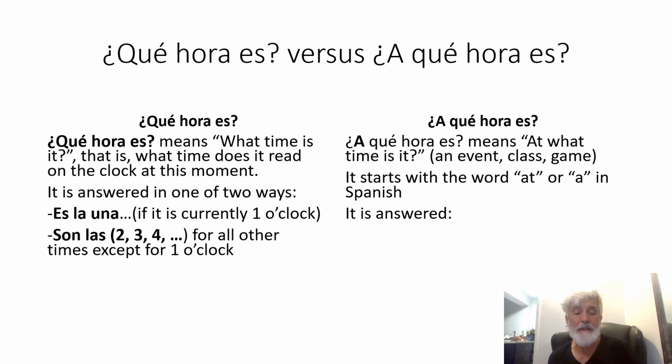Or if it's not 1 o'clock, we would answer back with son. Generally, we're going to answer back with son when this question is asked because we use son with 2 to 12 with the plural hours. So son las dos, son las tres, son las cinco, son las ocho, son las 12.